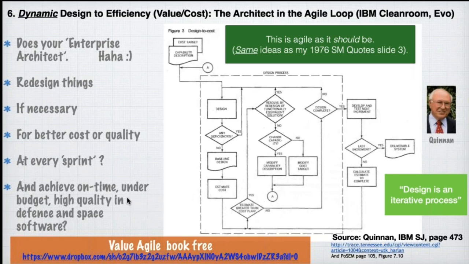And they claimed that they managed to move from their projects being late and over budget and losing money and bad quality to always being on time, always being under budget, and always delivering state-of-the-art military and space quality levels as required by the contract, like 99.98% availability for a flight system.